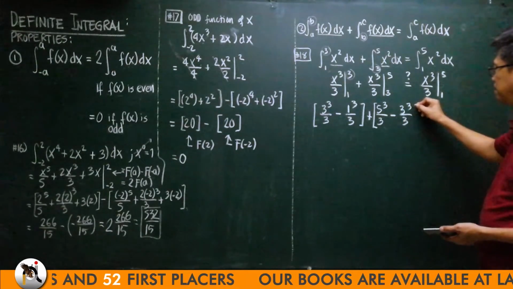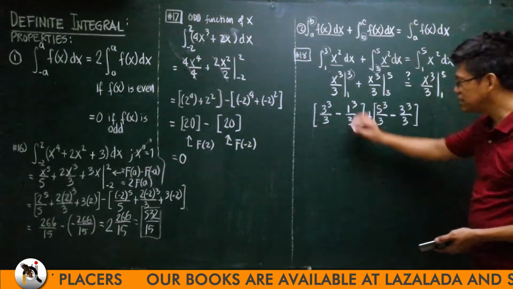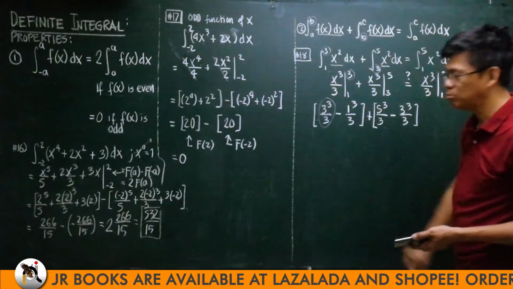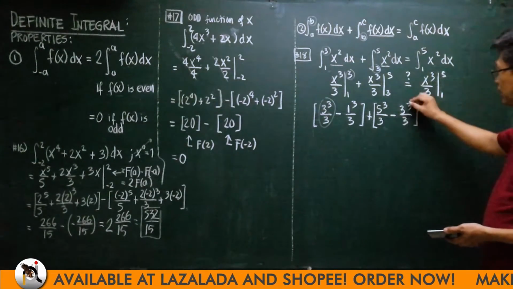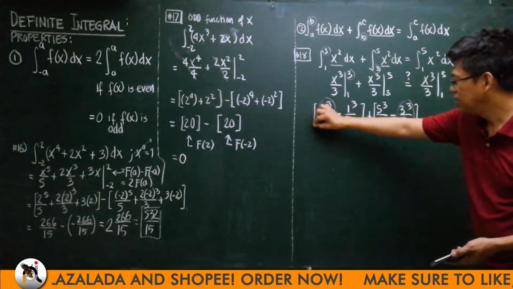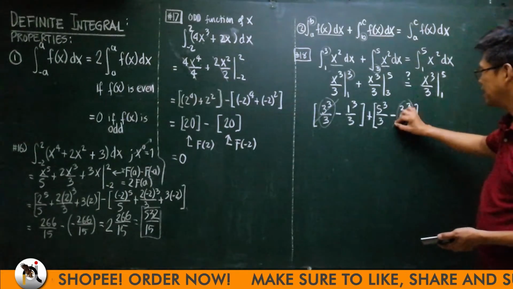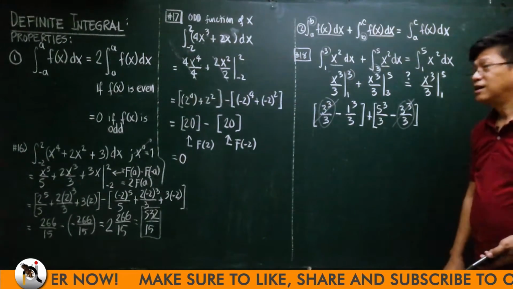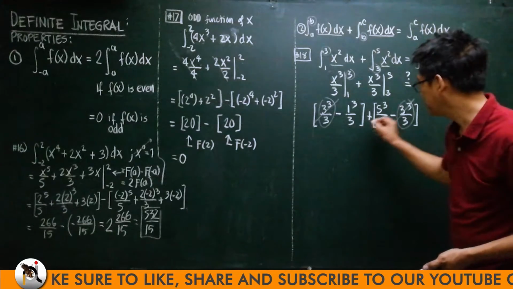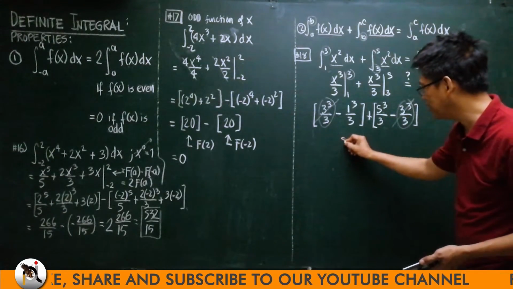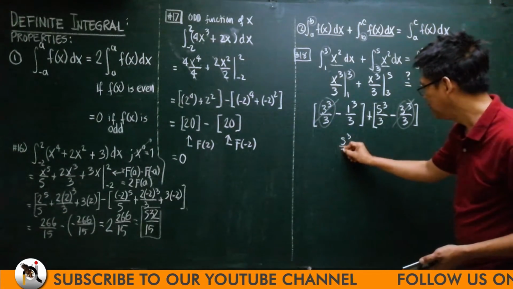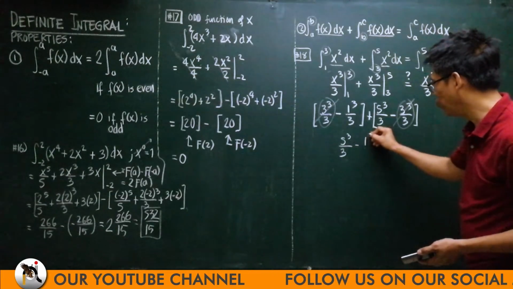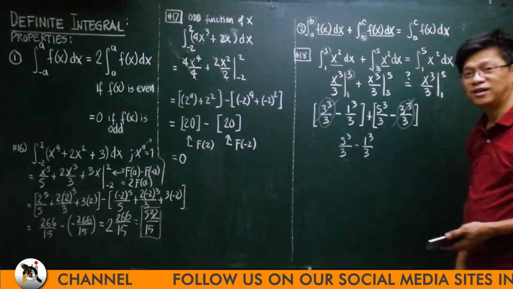Now notice that this portion, 3 cubed over 3 minus 3 cubed over 3, will cancel out, right? Resulting in 5 cubed over 3 minus 1 cubed over 3.